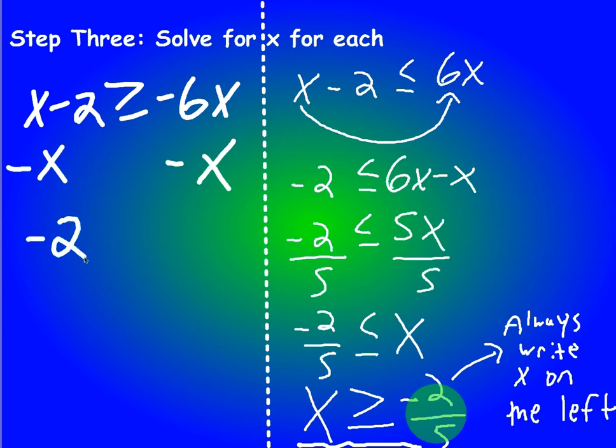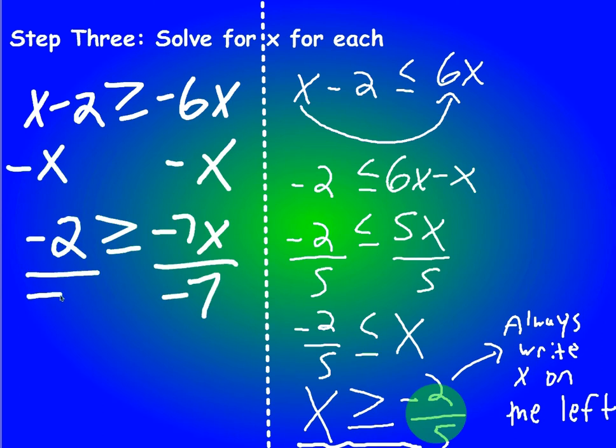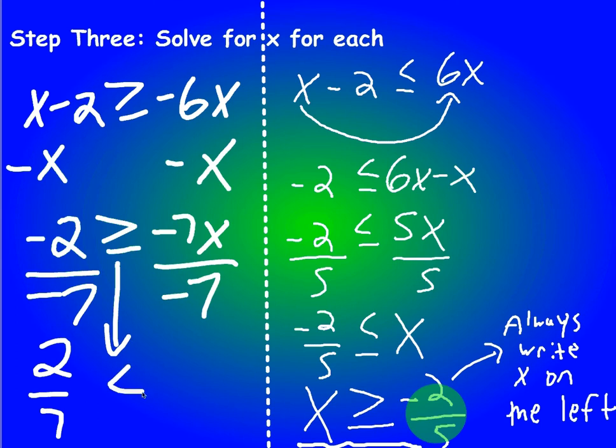We get negative 2 is greater than or equal to negative 7x, right? Now how would you get x by itself? Yeah, divide by the coefficient of x, which is negative 7, and you have to flip the sign. So we're going to get 2/7, flipped because we divided by negative, is less than or equal to x.